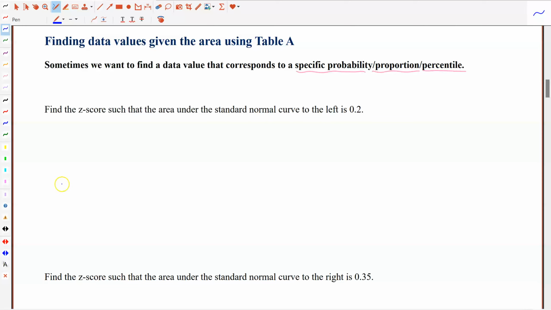Alright, so I'm going to sketch what I'm looking at. I'm going to sketch a normal distribution, and because I'm looking at the standard normal curve, I know its mean is 0 and its standard deviation is 1. Now, an important thing to keep in mind is that this curve is symmetric and the total area under the curve is 1.